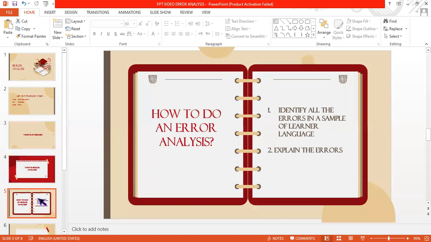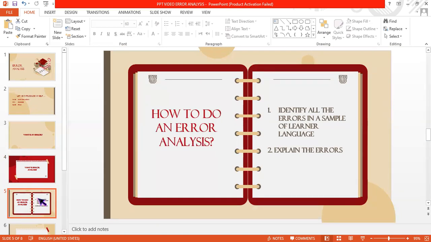The next is how to do an error analysis. Although some learners' errors are salient to native speakers, others, even though they are systematic, may go unnoticed. For this reason, it is valuable for anyone interested in learner language to do a more thorough error analysis to try to identify all the systematic errors.